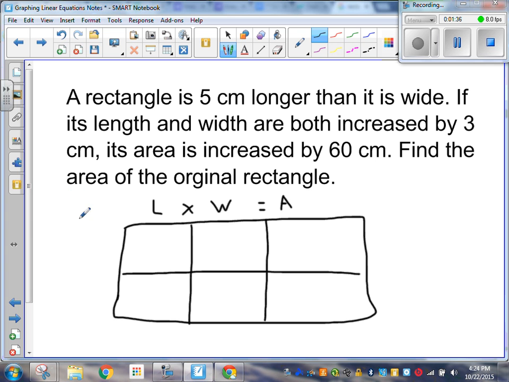Well, we have two rectangles, so let's put the original rectangle and then the new rectangle, right? We make it bigger. So in the original rectangle, what is the length and the width?